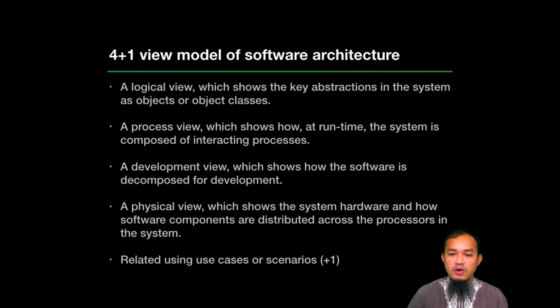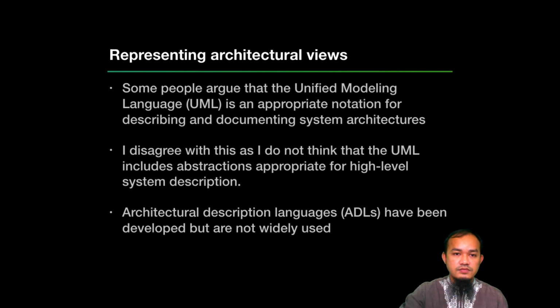The physical view is about hardware, system processor, and system memory. In different views and perspectives, we see different results and different output. So we have to represent the architectural view via some kind of notation.